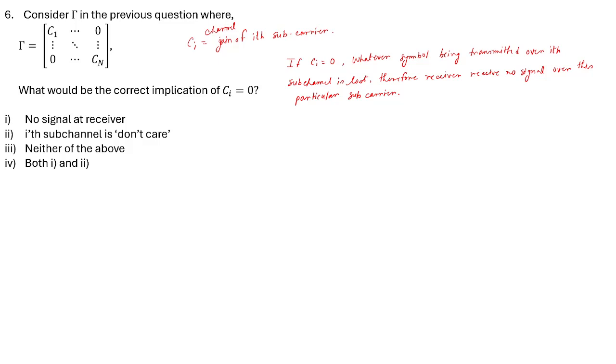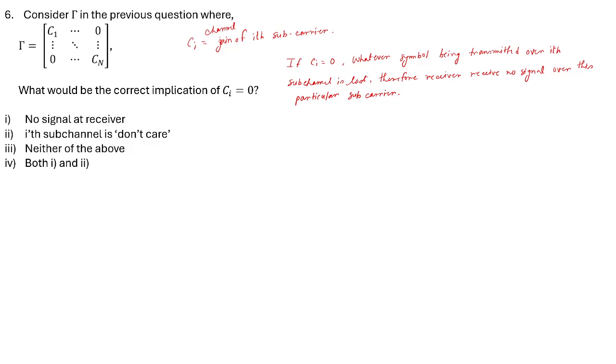Therefore, if you use the water filling algorithm, the transmitter side is not going to assign any power at all for the subcarrier. That means no symbol is going to be transmitted over this subcarrier. So the ith subchannel is don't care from that point of view, because you are not assigning any power to it.